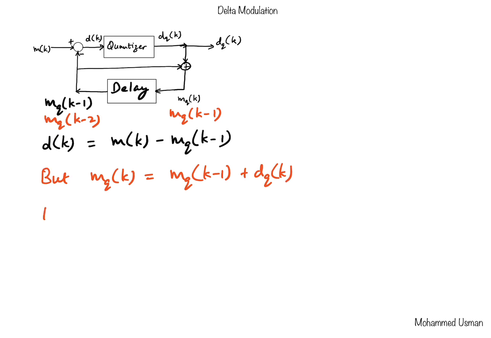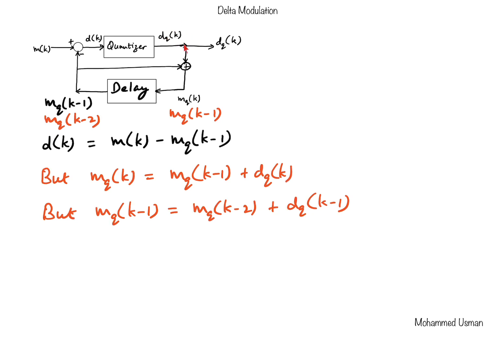So we can write that mq[k-1] is mq[k-2] plus dq[k-1]. When we go backwards one step, the input here would be k-1 and the output is k-2. So mq[k-1] is equal to mq[k-2] plus dq[k-1].